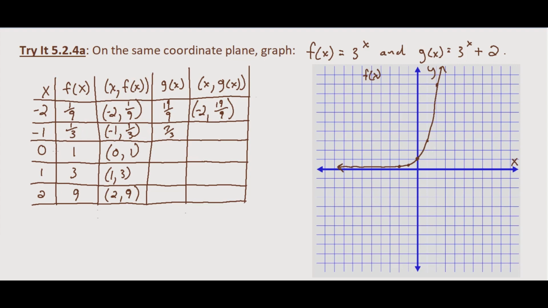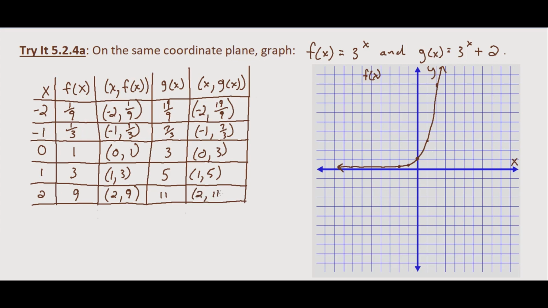So g of 0 is going to be 3. G of 1 is going to be 3 plus 2, which is going to be 5. G of 2 is going to be 9 plus 2, which is going to be 11. So this gives us the points -1, 7/3, 0, 3, 1, 5, and 2, 11.